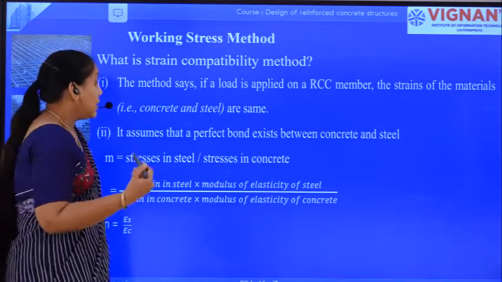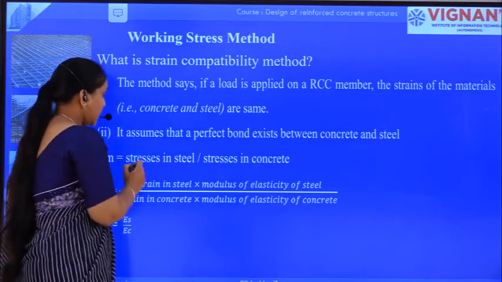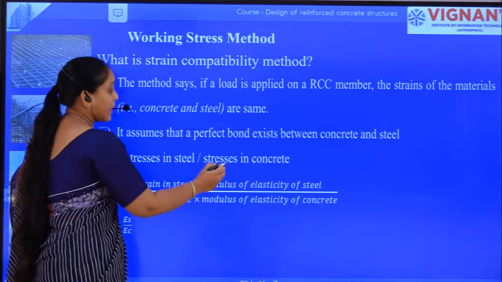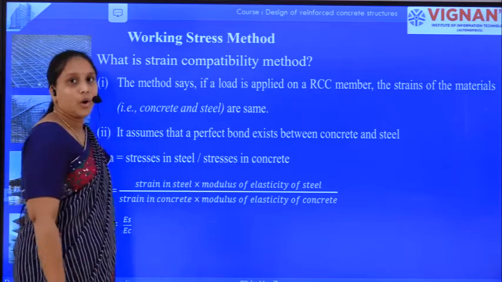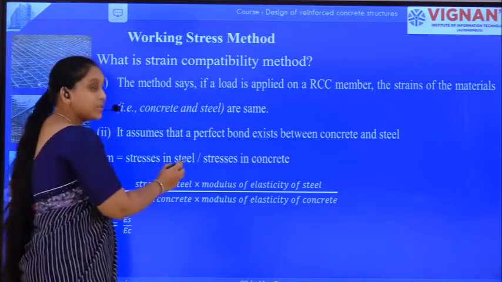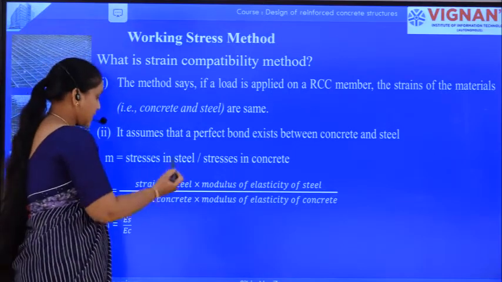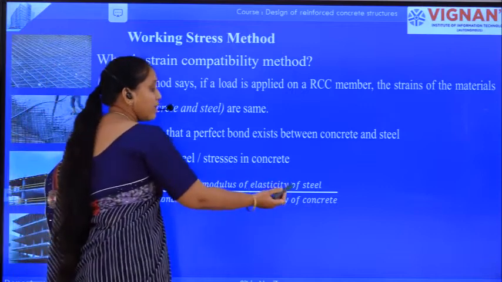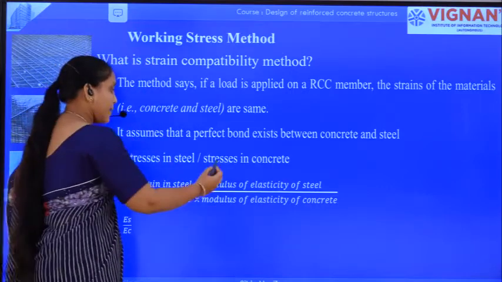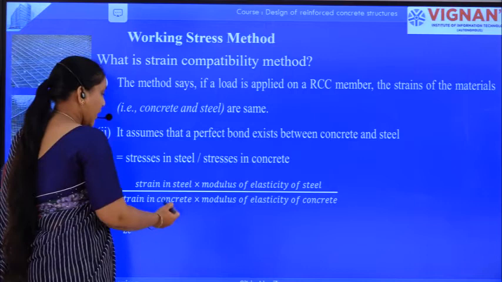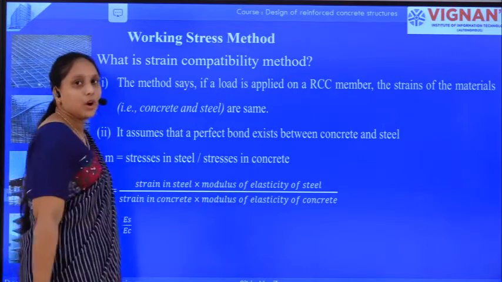So the stress in steel divided by the stress in concrete. Stress is strain into modulus of elasticity. So stress in steel is strain in steel into modulus of elasticity of steel, divided by stress in concrete, which is strain in concrete into modulus of elasticity of concrete.